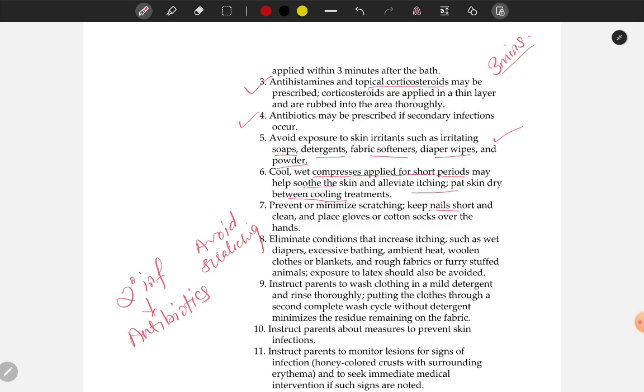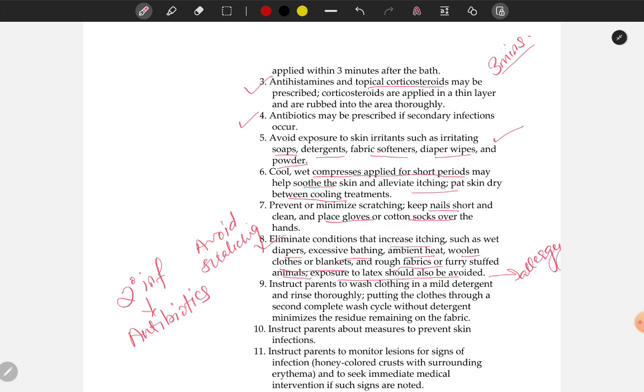Keep the nails short and clean, and place gloves or cotton socks over the hands. Then eliminate conditions that increase itching, such as wet diapers, excessive bathing, ambient heat, woolen clothes or blankets, and rough fabrics or furry stuffed animals. Exposure to latex should be avoided because this will lead to allergy.